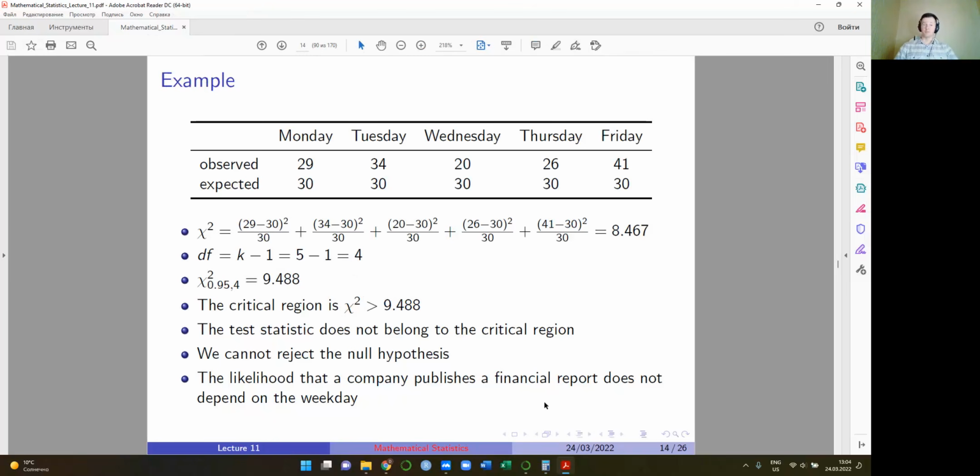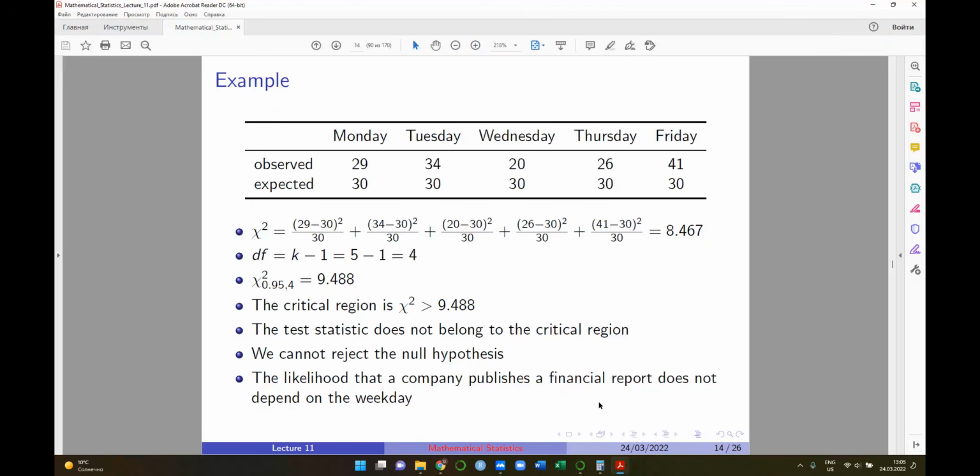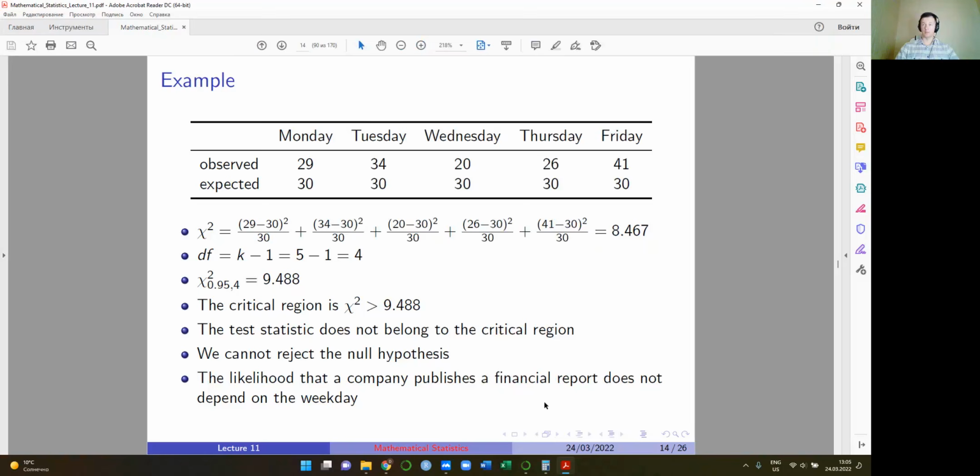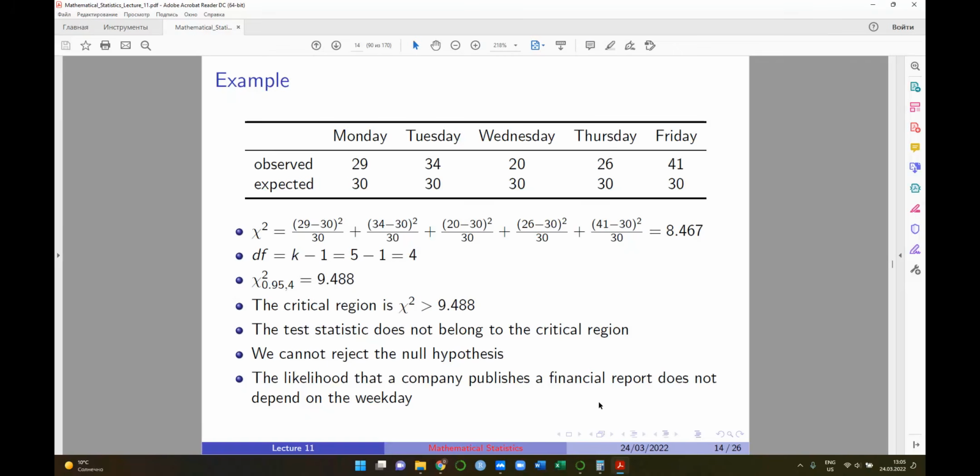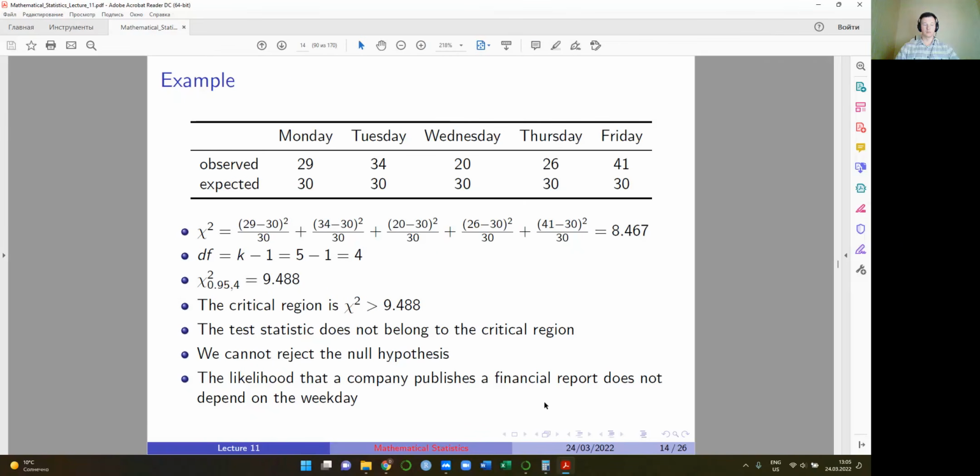So this is the logic of testing whether there is a particular dependency between the categorical variable and some kind of behavior of a firm. In this case, when the firm publishes its financial report. That's the simplest possible example of a chi-square test.